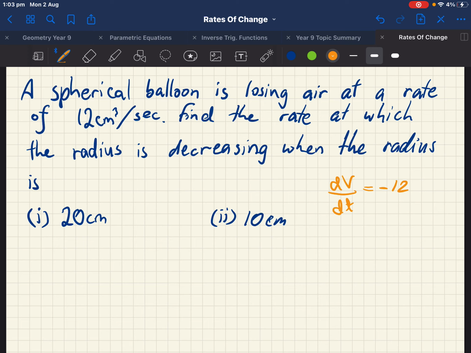So we know what dV/dt is. We're trying to find the rate at which the radius is decreasing. So we're being asked to find the rate at which the radius is changing. They're asking us to find dr/dt. So this is what we're trying to find.